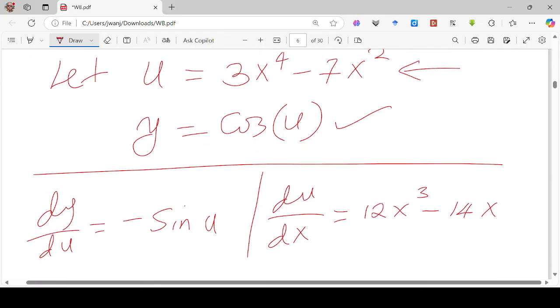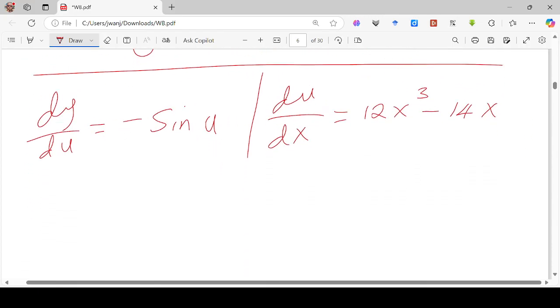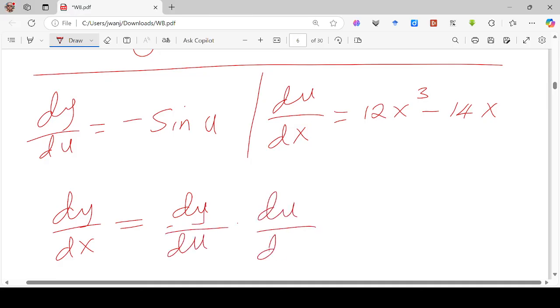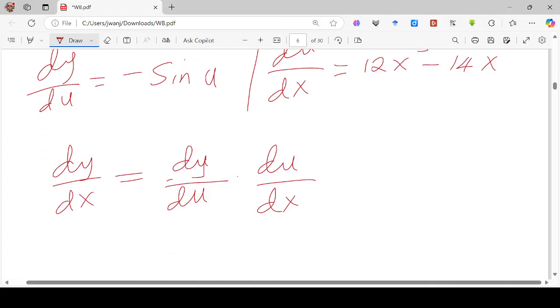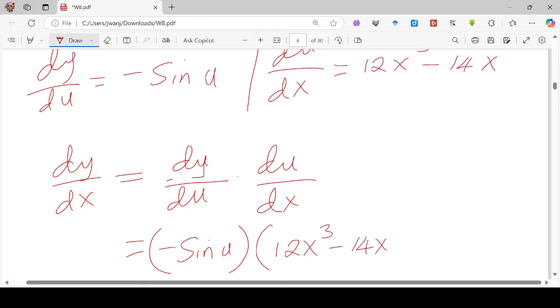So once we have this, then dy by dx using the chain rule is equal to dy by du times du by dx. So we just multiply these two. So we have minus sine of u times 12x raised to power 3 minus 14x.